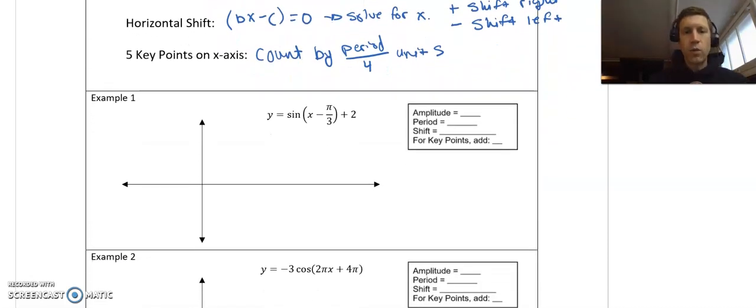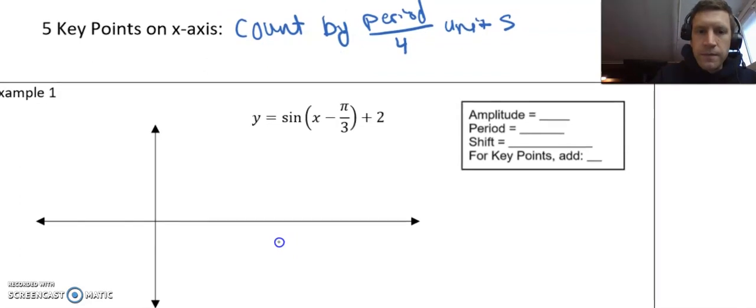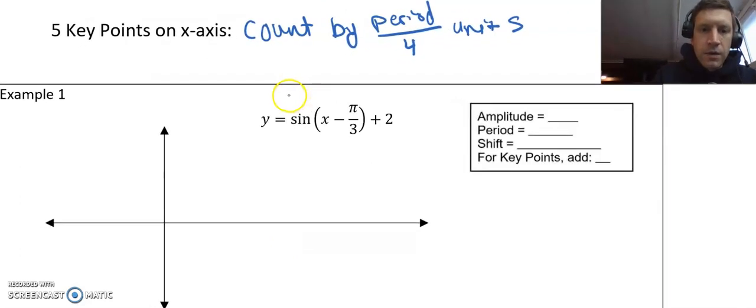Okay, so for example 1, we have y equals the sine of x minus pi over 3 plus 2. So let me zoom in here. I'm going to say, all right, here's where my a value is, here's my b value, c value, and d value. So it's really 1 times the sine, and then inside the parentheses it's 1x.